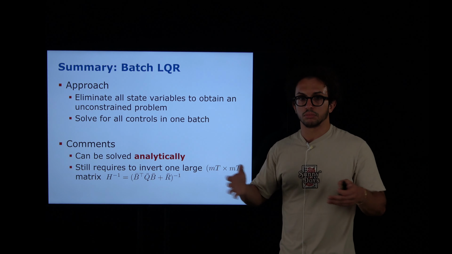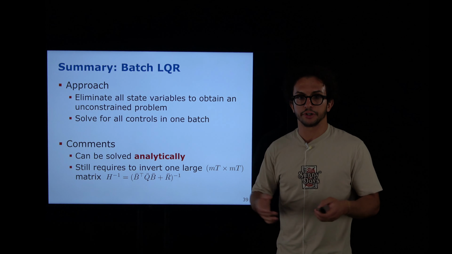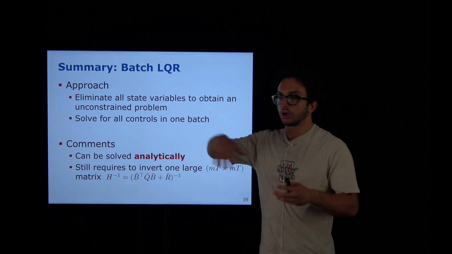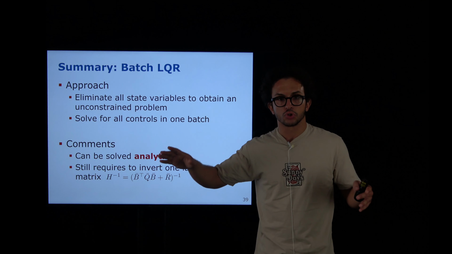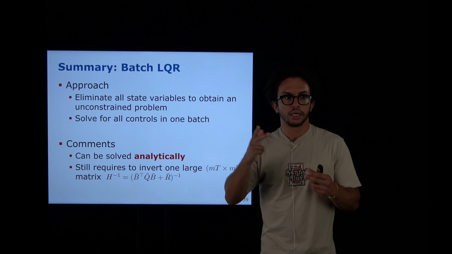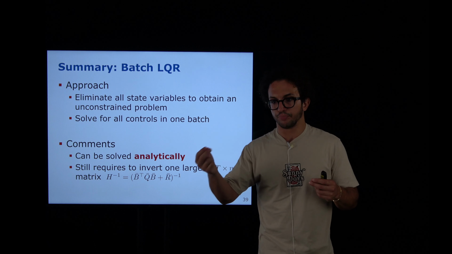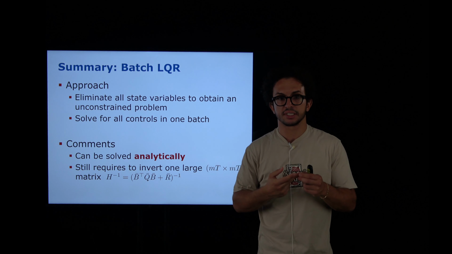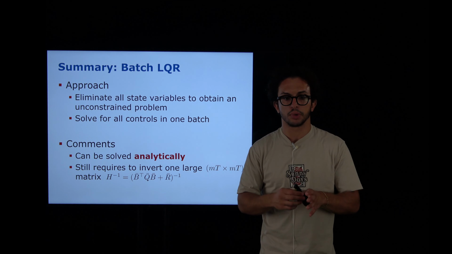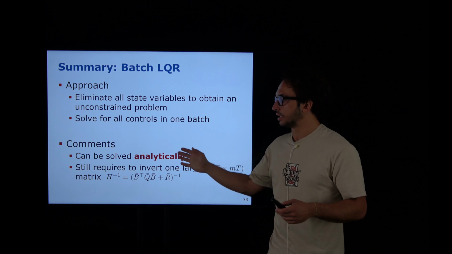So this is basically the batch linear quadratic regulator approach. First we eliminate all of the state variables. So we have an unconstrained problem only for controls, and the only thing that we have for the states is the initial state, which is known. It's given and we don't have to worry about it. It can be solved analytically.